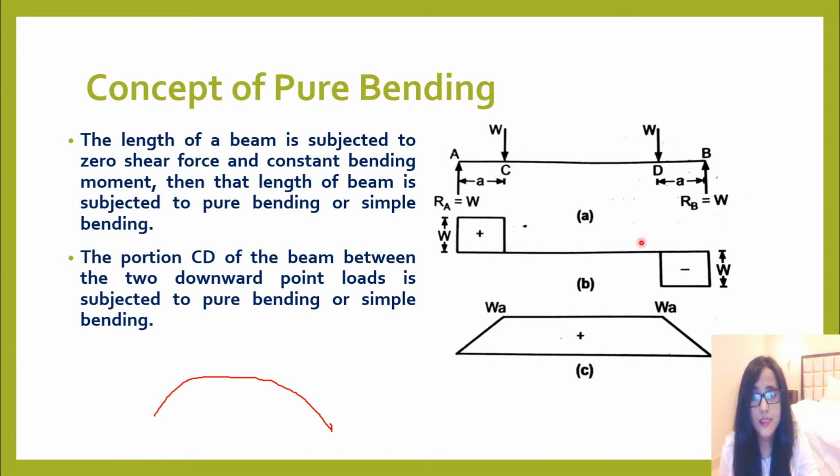That means there is no shear force on CD, shear force is zero, and on this portion CD you have a constant bending moment from point C to D. So if this is so, then this length CD of the beam is subjected to pure or simple bending. So I hope this concept is clear.